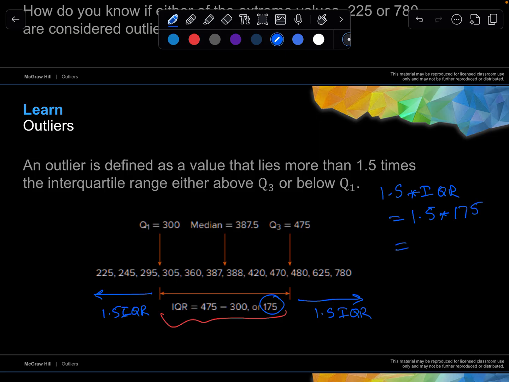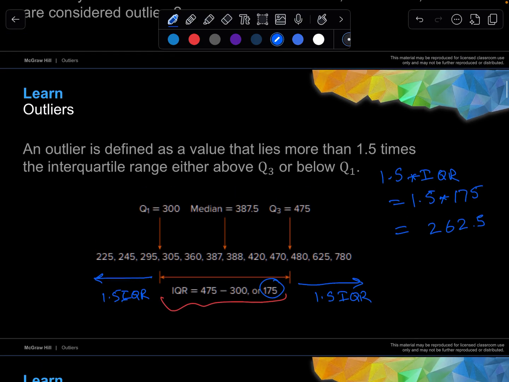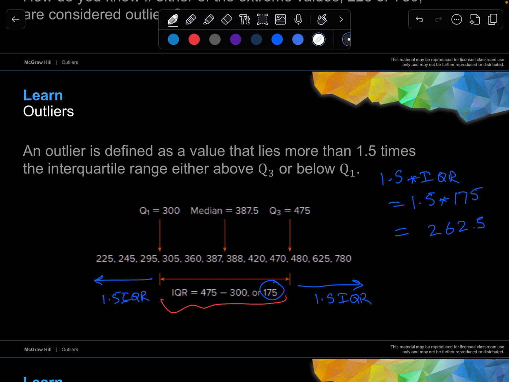That would be 262.5. Okay. So I'm going to call these two numbers my upper limit and my lower limit. My upper limit is going to be equal to Q3 plus 1.5 times my IQR, and my lower limit is going to be equal to Q1 minus 1.5 times my IQR.